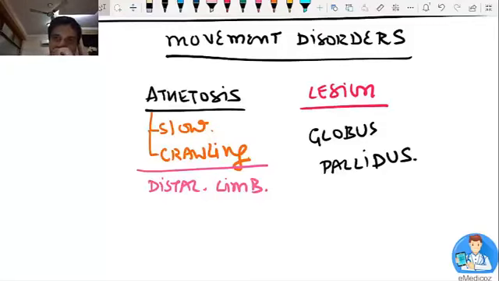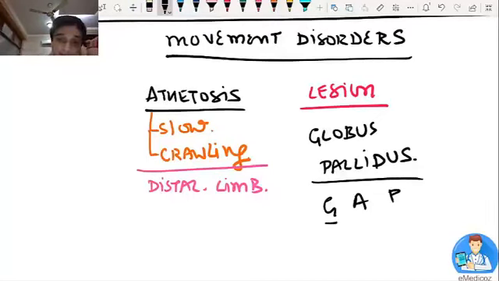Just now we have made the diagram. So if it has a lesion, it results in athetosis. Just a quick mnemonic to remember this. GAP, gap. Okay. So G, globus pallidus, A, athetosis, P, pallidus. That's a GAP mnemonic for athetosis if you can remember it. Simple.